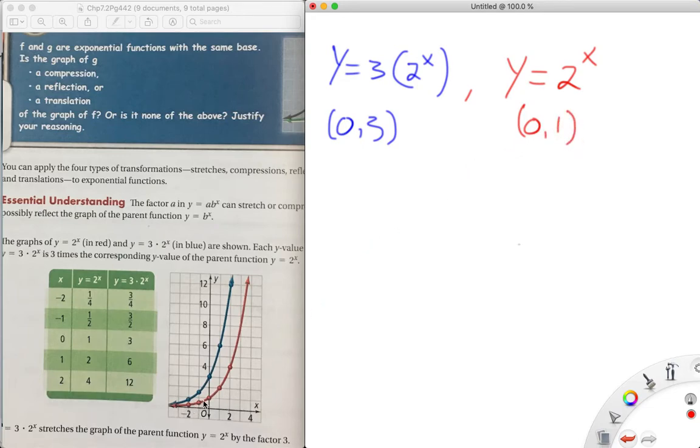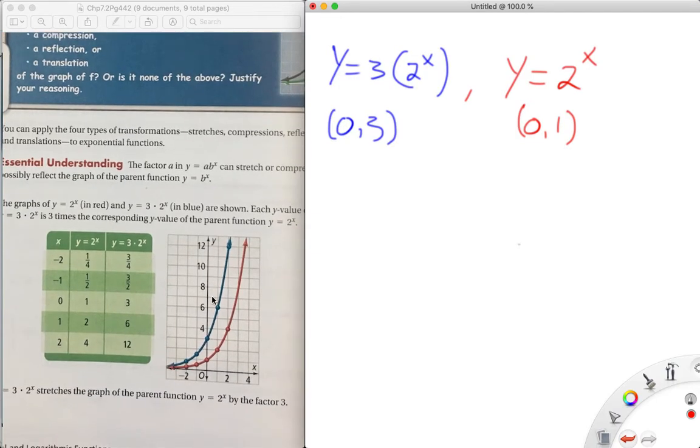And we can sort of base our graph off of that. So they have it here in blue, which is the graph that they're looking at, and then the parent graph is the comparison. And the comparison essentially is it's been stretched. Right, the graph has been stretched from the red to the blue to have the y-intercept at 3.